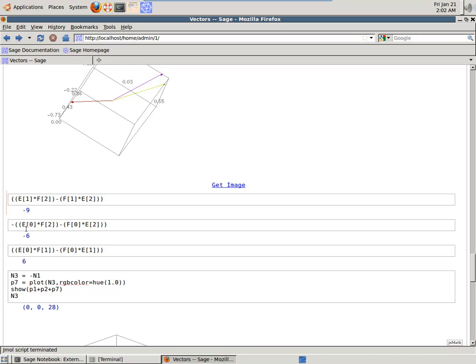We end up with 6. Then we multiply that times negative 1 afterwards for the final result there, and we end up with a negative 6. Alright, and then EX times FY, and then we have our FX times our EY.